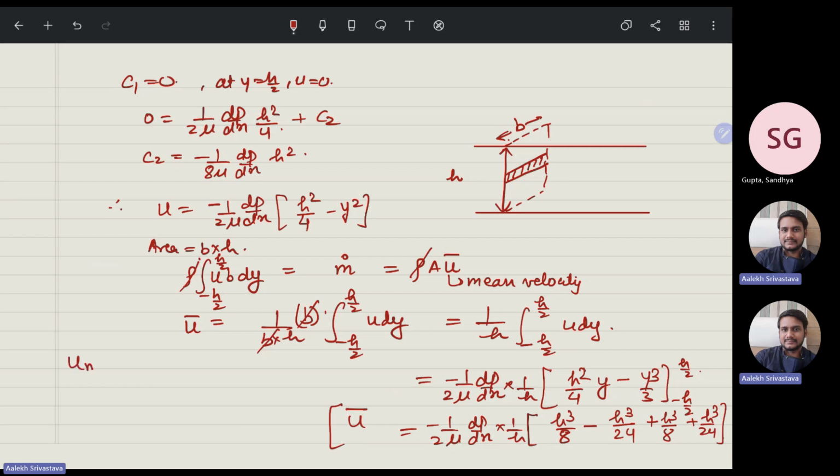And what is the maximum velocity? So maximum velocity is, if you just simply use the maxima or minima concept, du by dy is equal to 0. If you make that thing to happen, it will be 2y is equal to h square.